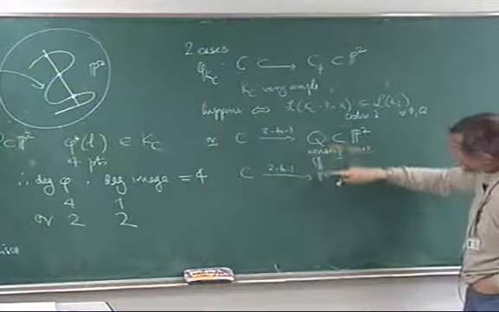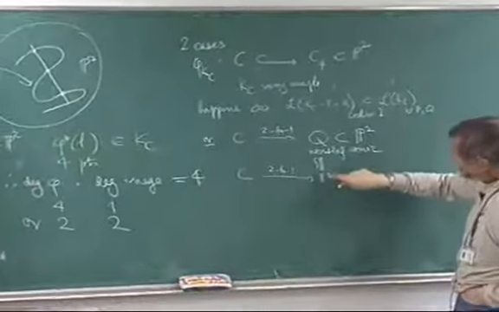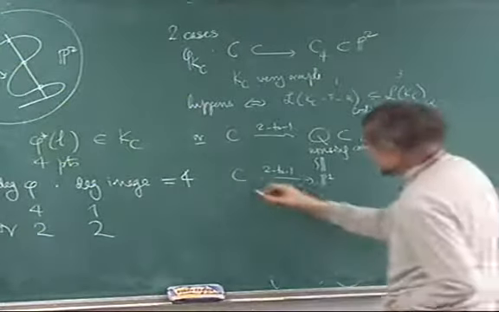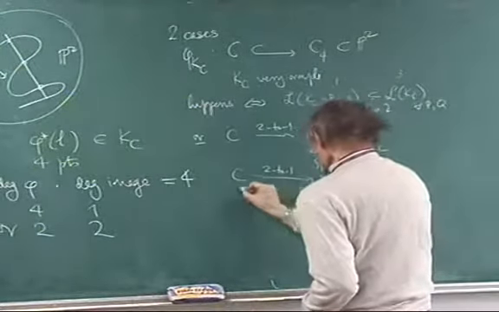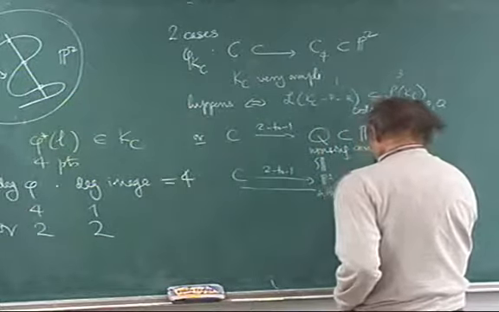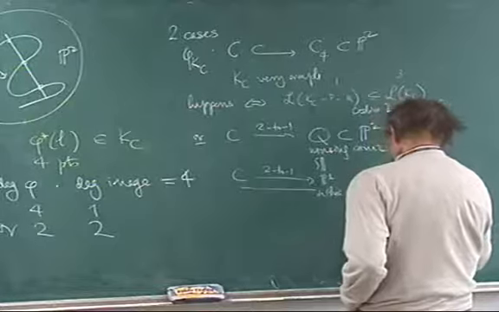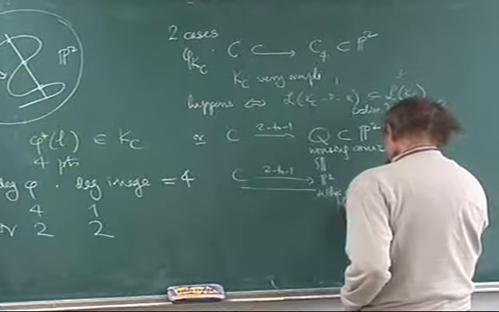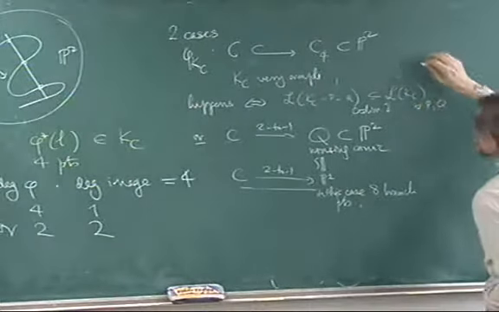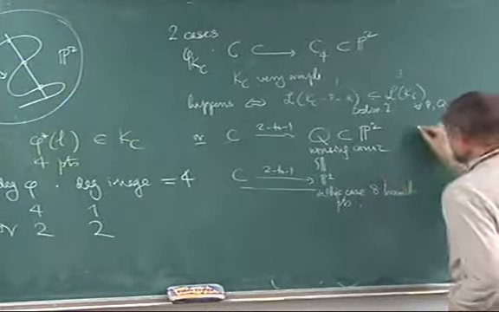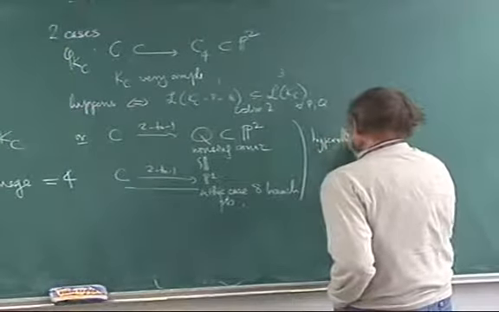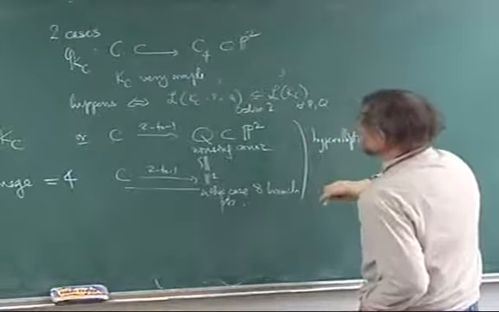This is the second Veronese embedding of P1 into P2. And in this case, there are 8 branch points. So to summarize, this is the hyperelliptic case, and this is the non-hyperelliptic case.